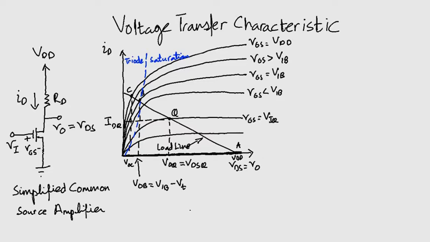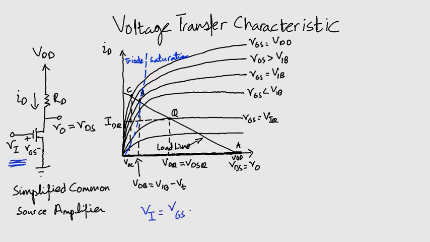Since RD is usually thought of as the load resistor of the amplifier, the straight line is known as the load line. This graphical construction can now be used to determine V0, which is equal to VDS, for each given value of Vi. Remember that Vi equals VGS.